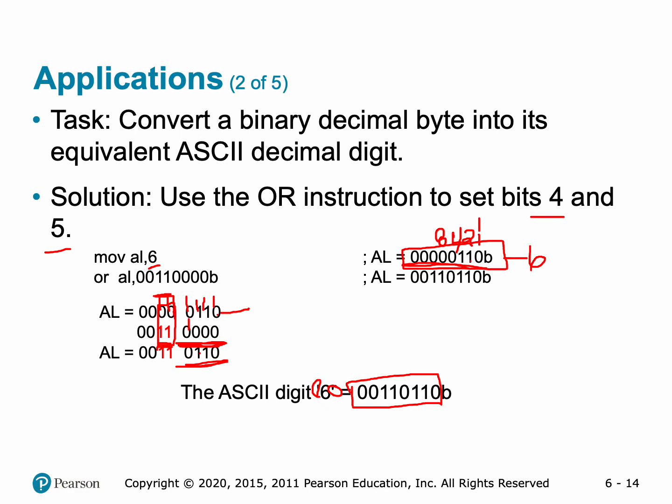So a 0 and a 1 changes that to a 1 in position 4, and then position 5, 0 and 1 change to a 1, and the rest get unchanged. So if you want to convert a binary decimal byte into its equivalent ASCII decimal digit, you would OR and put a 1 in the 4th and the 5th position. So right here.